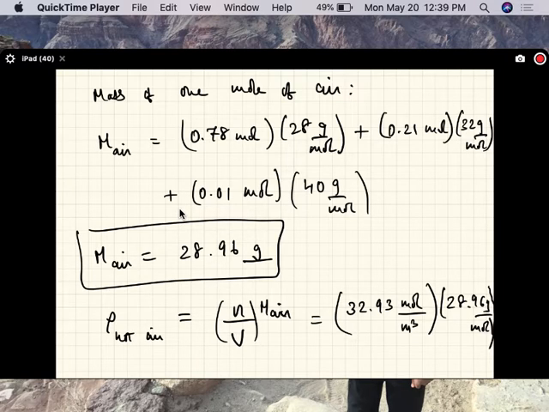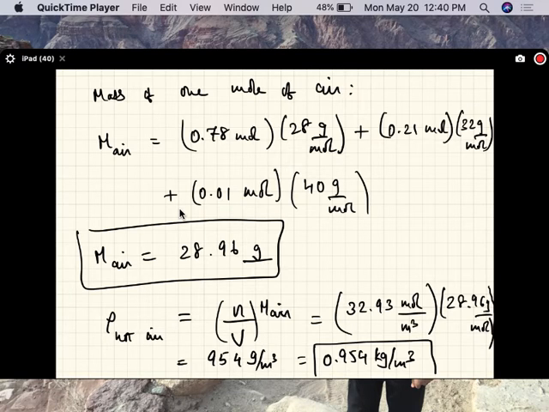So this works out to 32.93 times 28.96, which is 954 grams per cubic meter, which is 0.94 kg per cubic meter.